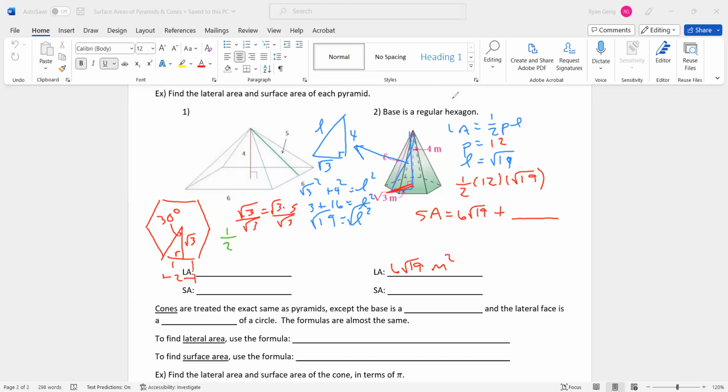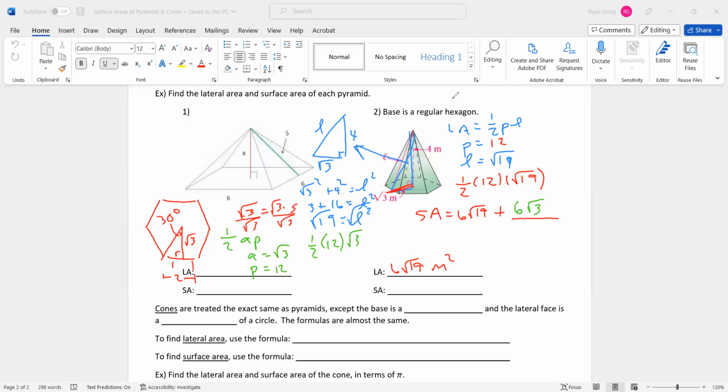So it's 1/2 AP. I'm going to go back over here. The apothem, we already said, was square root of 3. And the perimeter we already found as well. That was 12. Right? So I already have everything I need for the area. So it's 1/2, 12, and then radical 3. So it's 6 radical 3 is the area of the base.